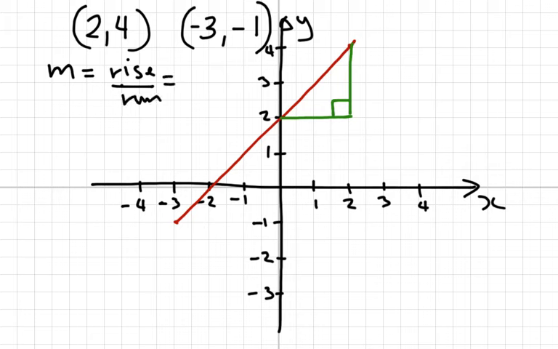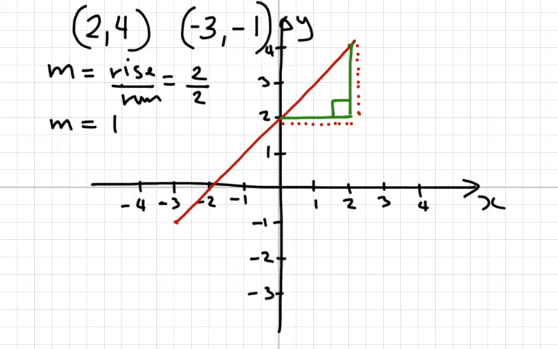I can see the distance between here and there is 2, because it starts on 2 and ends on 4. So the rise is 2, and the run going along here is also 2, because it starts on 0 and it ends on 2. So that tells me that my gradient, or my m, is equal to 1.